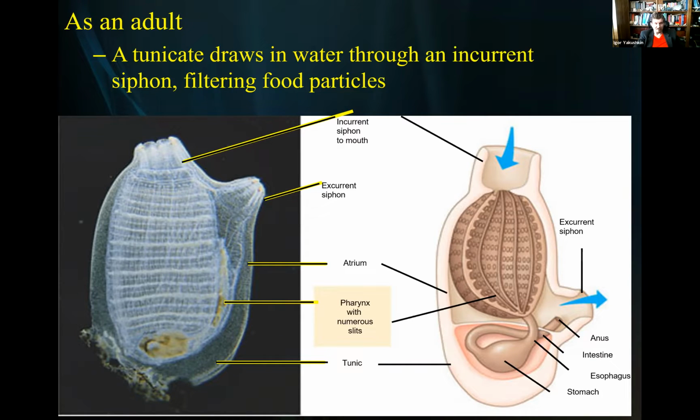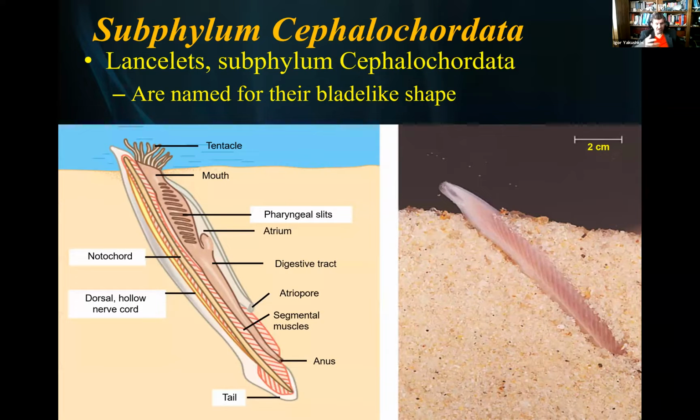Now, next group, Cephalochordata. This particular creature is known as a lancelet, because it looks like a cutting instrument of the medieval medicine, which was lancelet, blade-like. Those guys are keeping those particular traits as chordates as the adults.